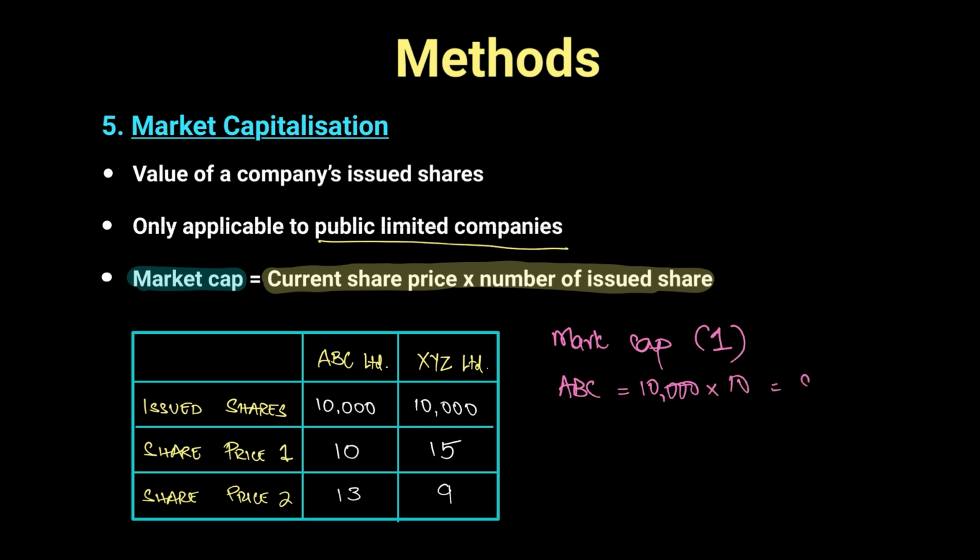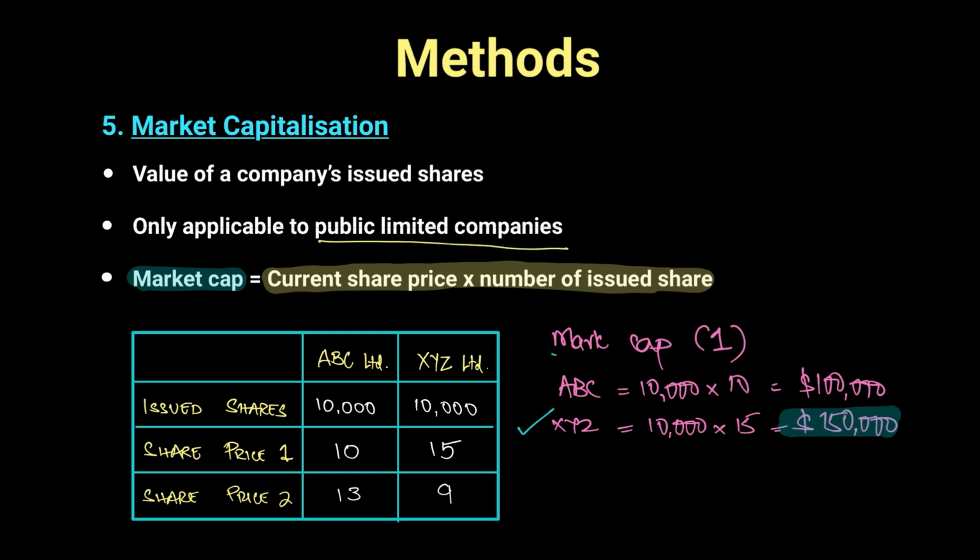So $100,000 is the total value of the issued shares, the market cap for ABC. And for XYZ, that is 10,000 shares multiplied by 15, $150,000. In a simple head to head comparison, we can clearly see that it's the company XYZ which has a higher market cap, and we will consider that one to be the bigger company here.